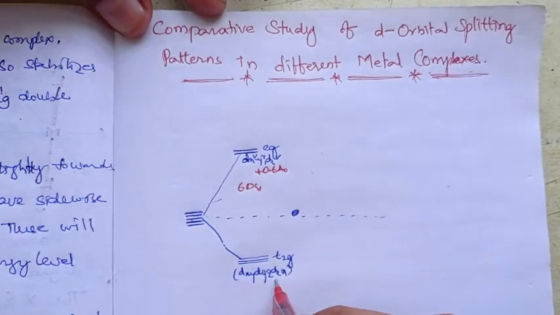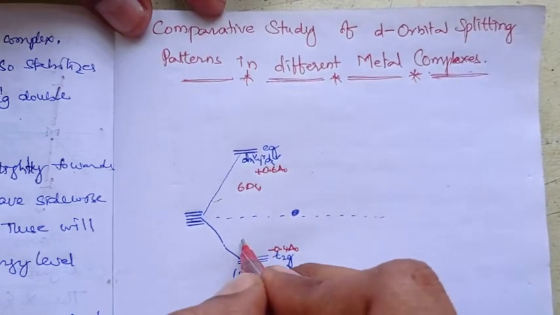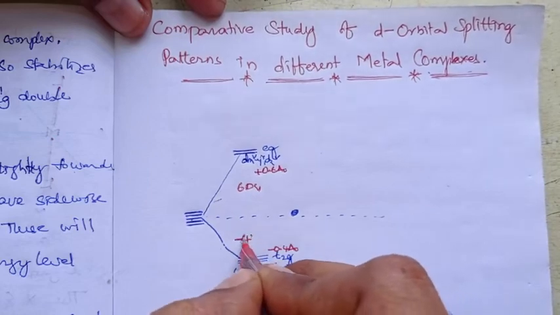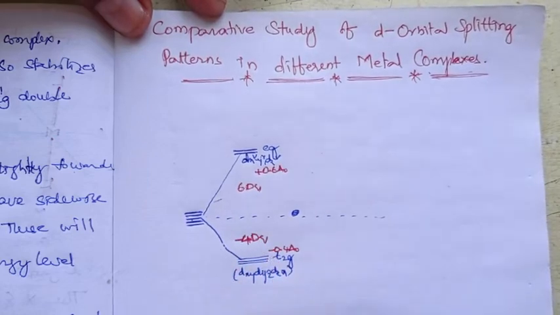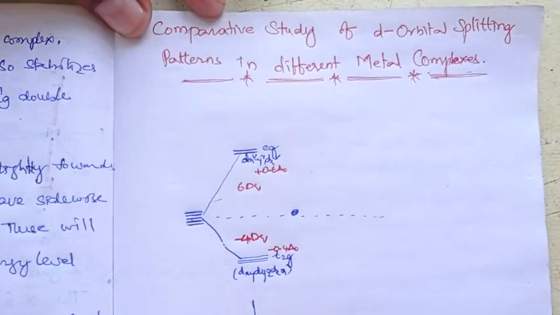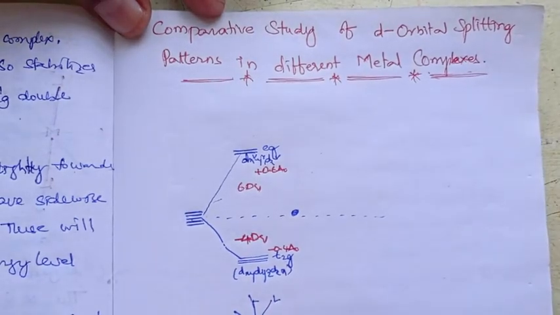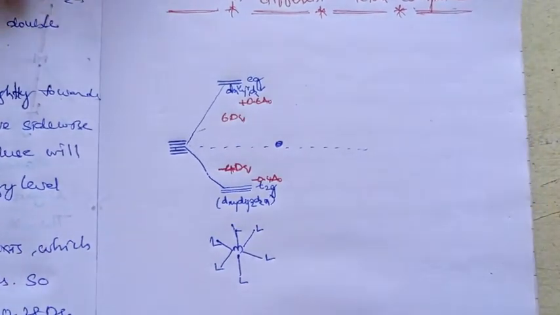The lowering of the non-axial orbitals reaches minus 0.4 delta naught, or minus 4 Dq. This is for the 6-coordinated octahedral complex. You already know this.